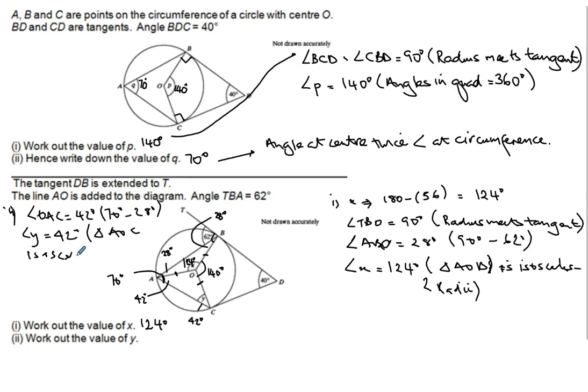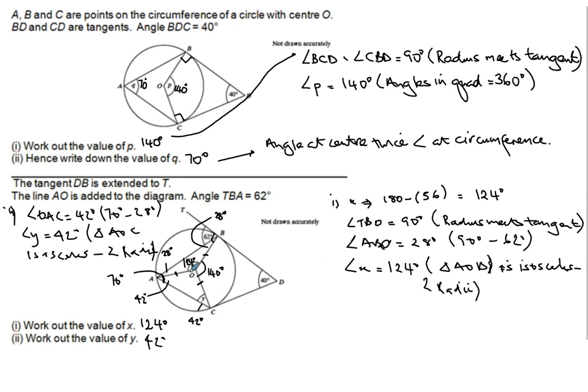Pencil seems to be giving up with me. Isosceles 2 radii. So that was good, wasn't it? 42.